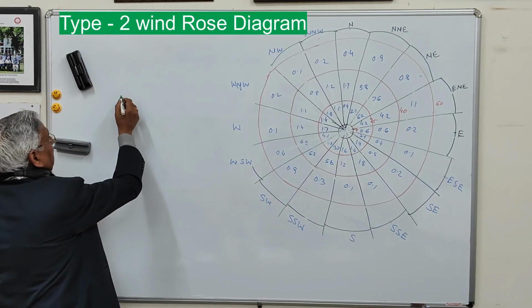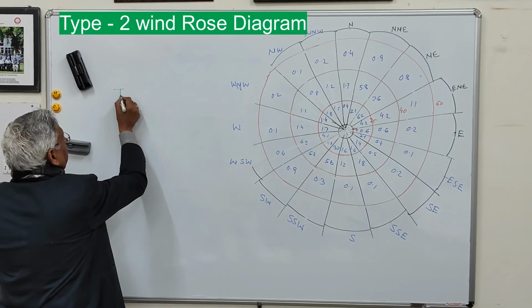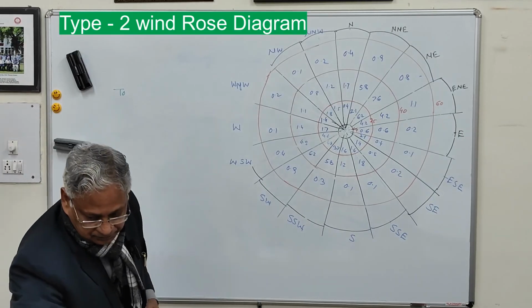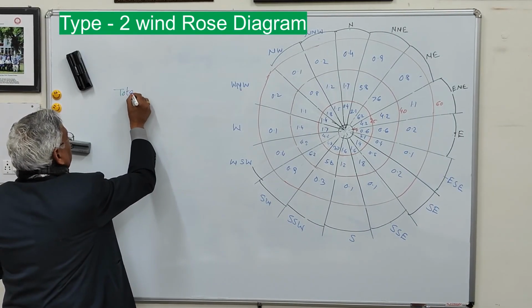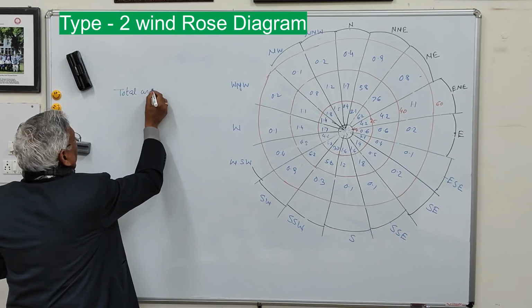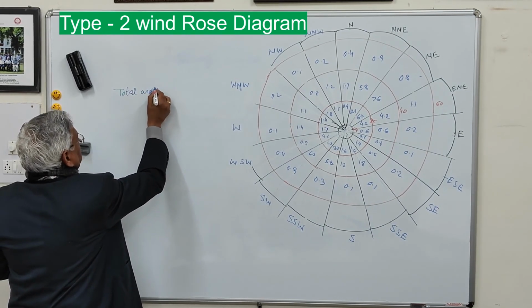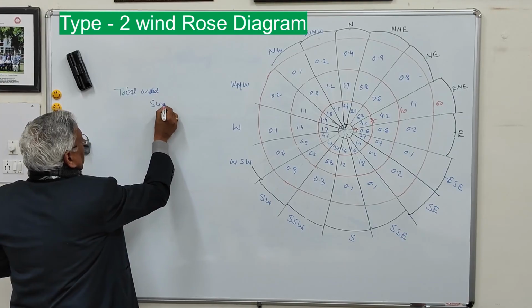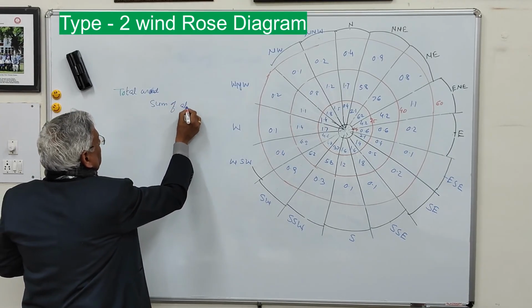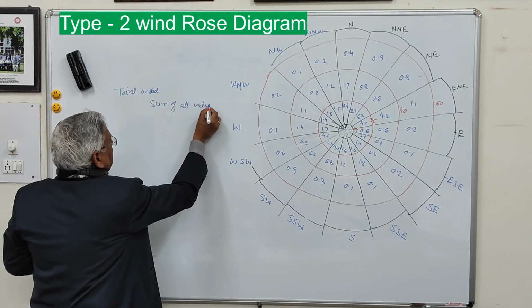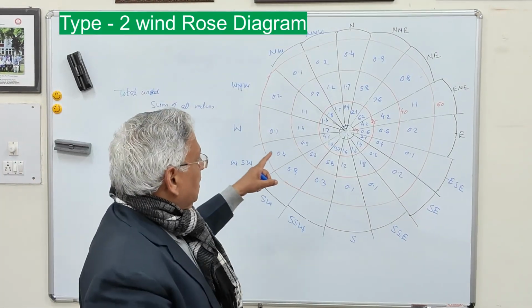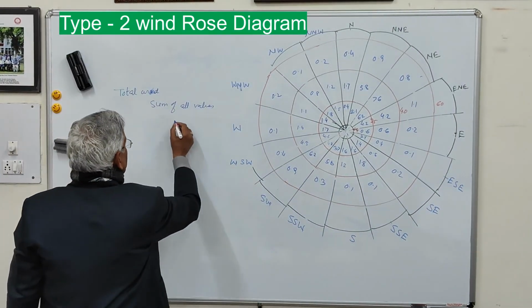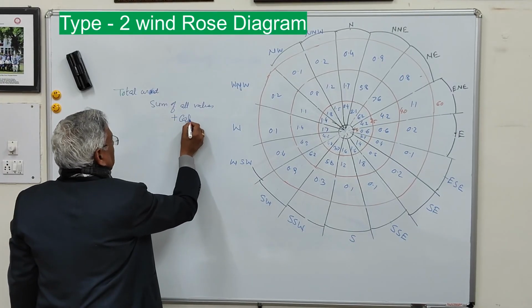So the total wind coverage will now be the sum of all values within the outer lines of this, plus the calm period.